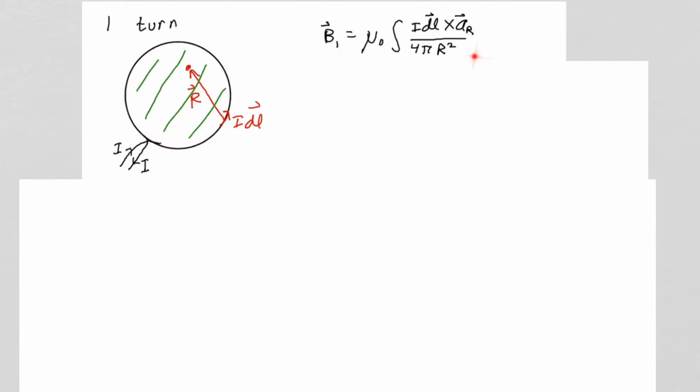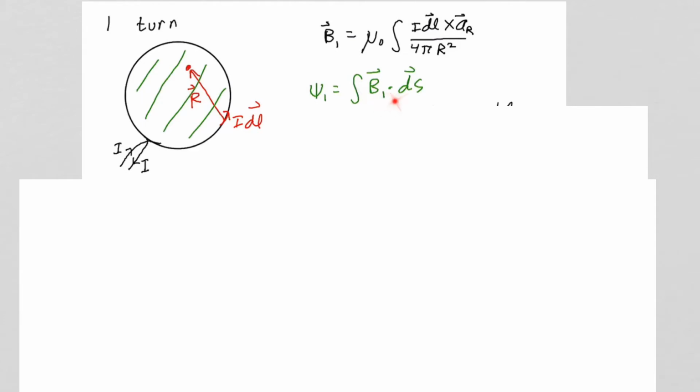So here is the Biot-Savart Law, and R is the vector pointing from I dL to the point where we want to find the magnetic flux density field. We will use superposition and sum up the contributions of each I dL segment all the way around our one-turn coil to get the total magnetic flux density field at each point inside our coil.